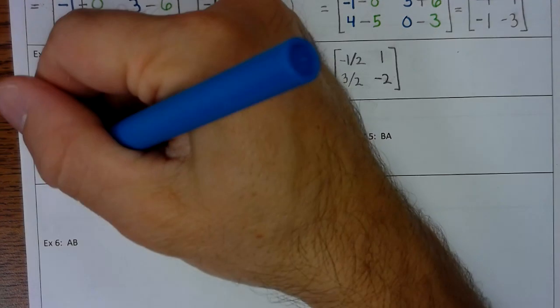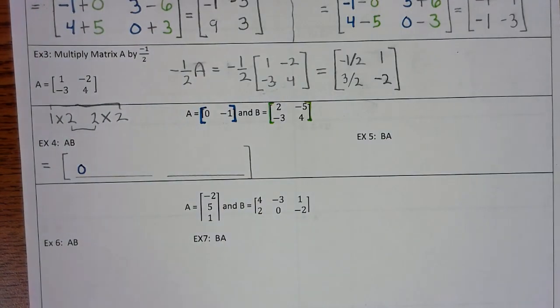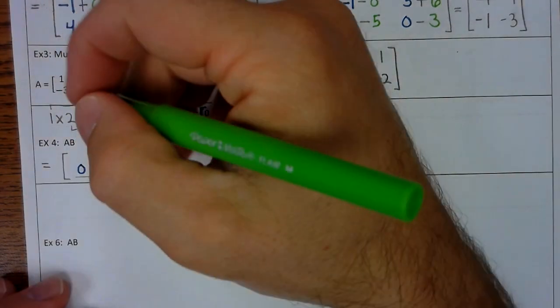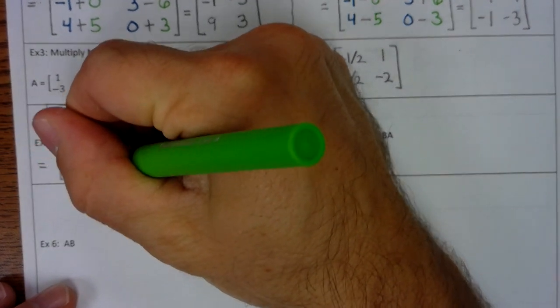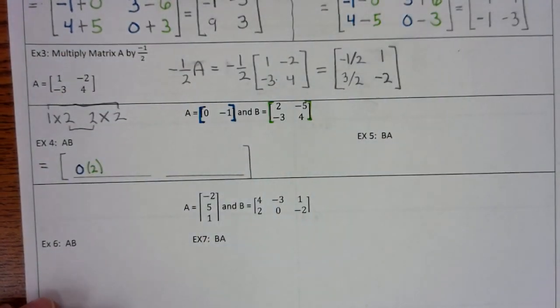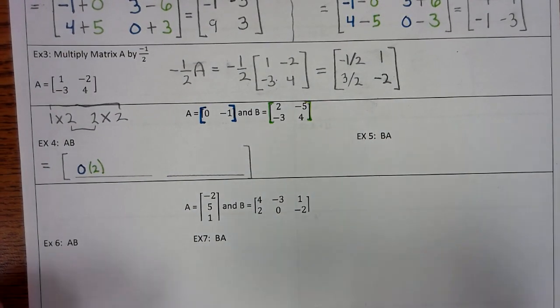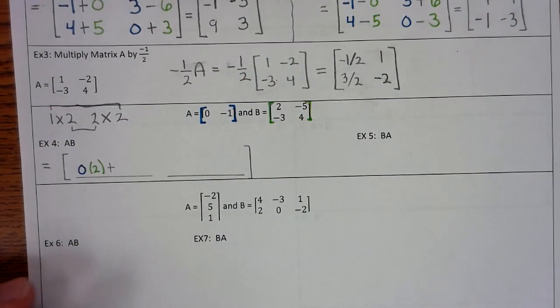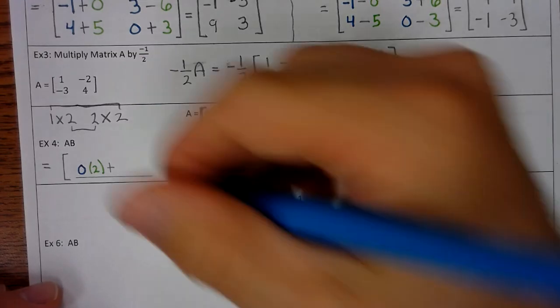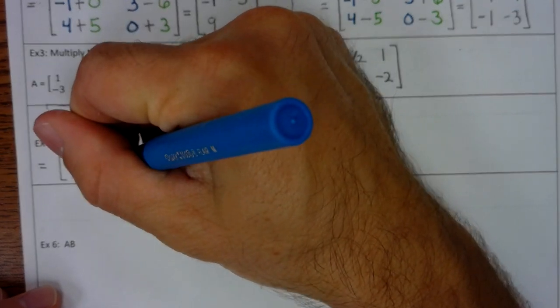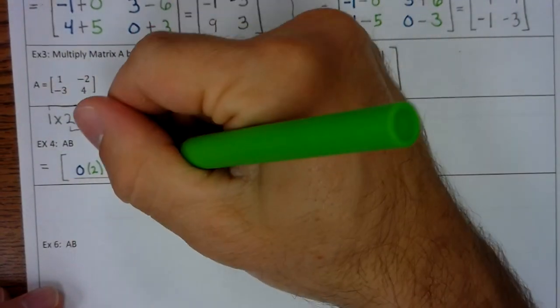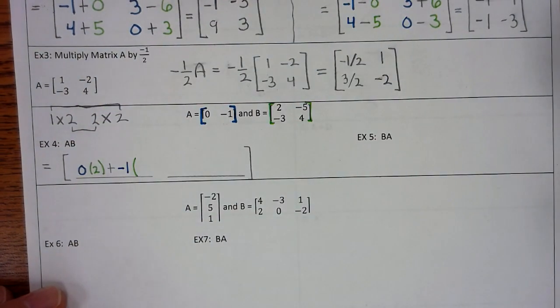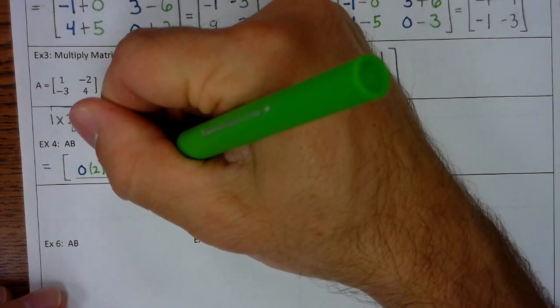So this is going to be 0 times 2 plus negative 1 times negative 3.